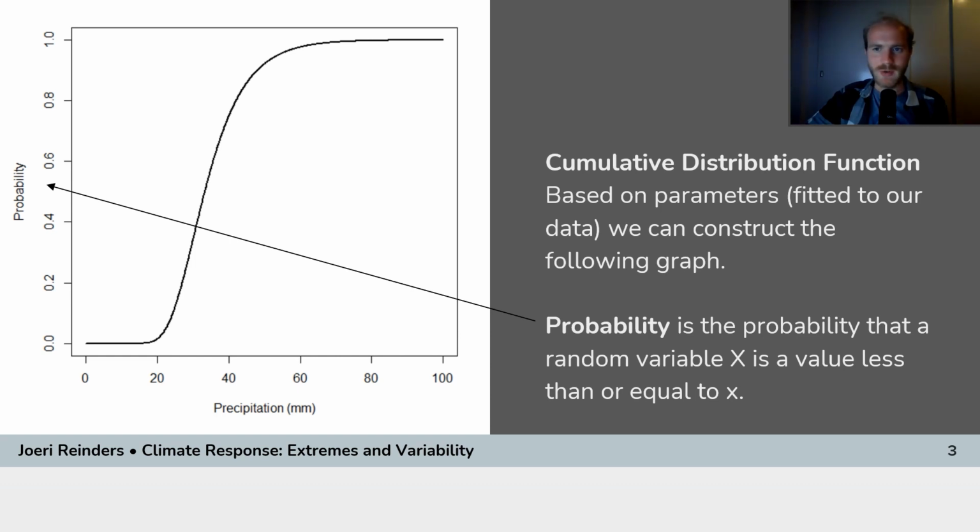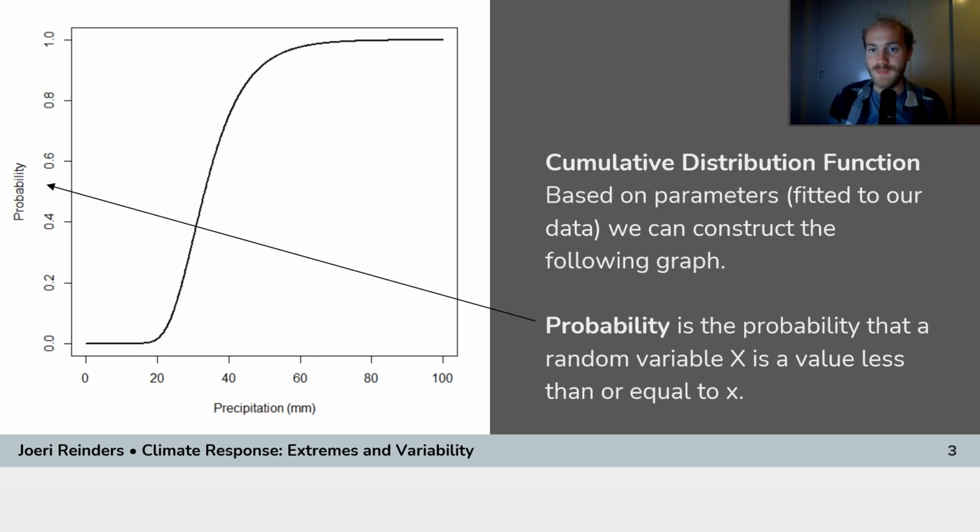It's always this sort of C or S-shaped graph where it starts out pretty flat, then rapidly rises towards 1 on the y-axis and then flattens out. The y-axis variable is probability. That probability is the probability that a random value of our variable, for example precipitation here, is less than or equal to a fixed value of our variable.